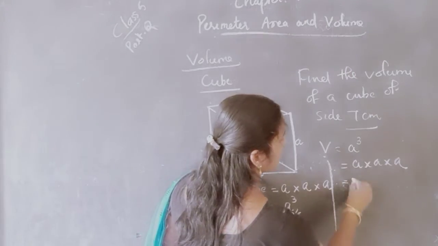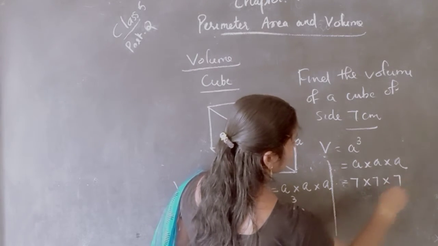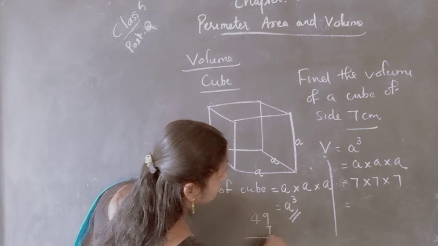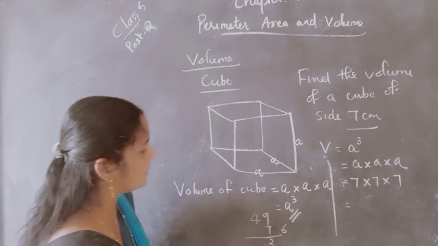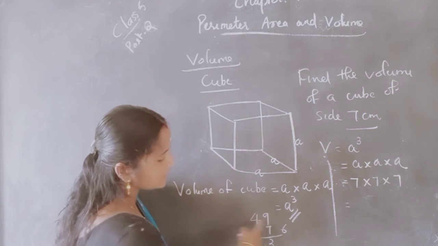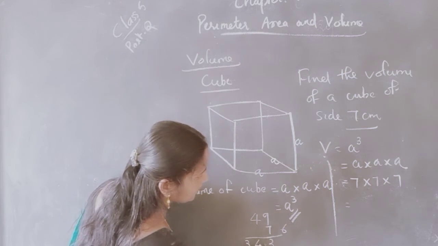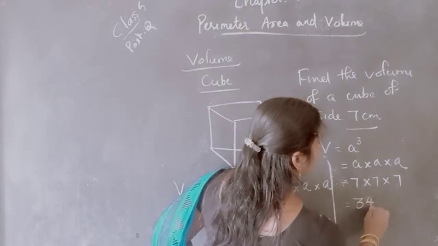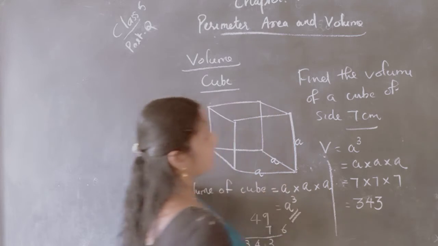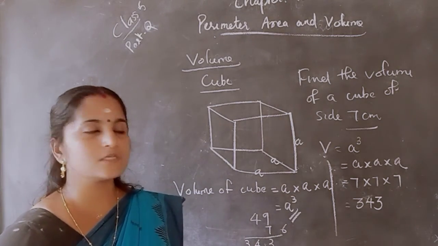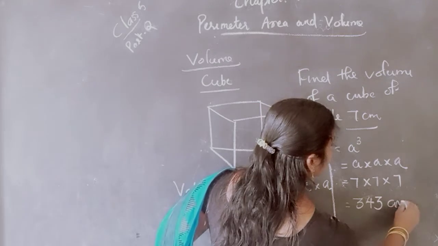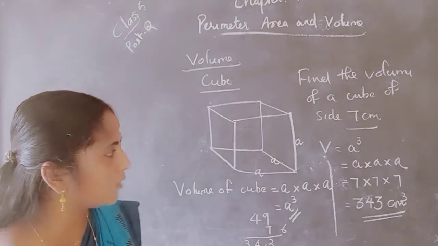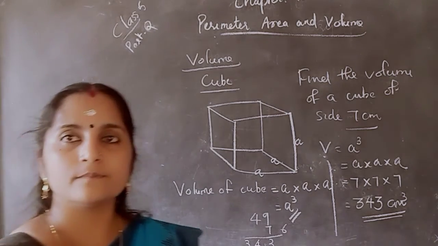So 7 into 7 into 7. 7 sevens are 49. 49 into 7. What do you get? 7 fours are 28 plus 6, 34. 3, 4, 3. So the answer is 343, and the side is 7 centimeter, that is, the measure is given in centimeter. So the answer is 343 centimeter cube. In this way we find out the volume of a cube.